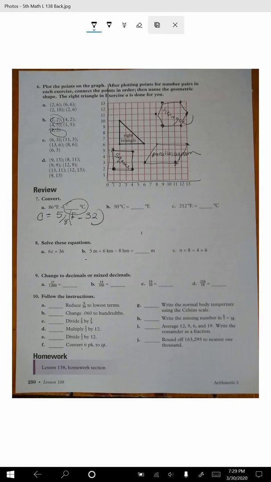Now don't forget, you're going to put that 86 in to replace the F. I'm going to let you do this on your own. Do the parentheses first. Do the 86 minus the 32 first. Then times it by 5/9.